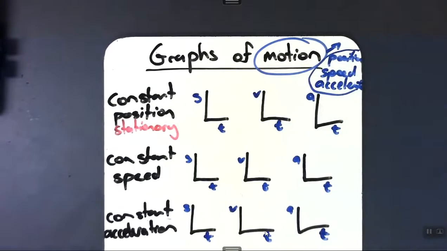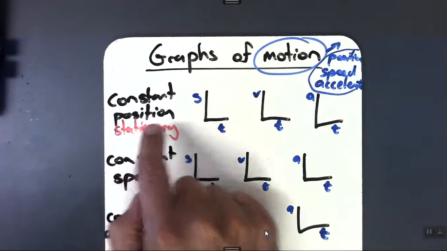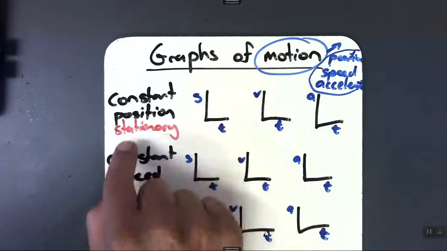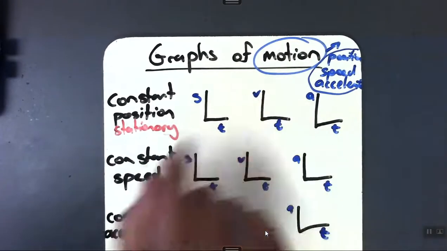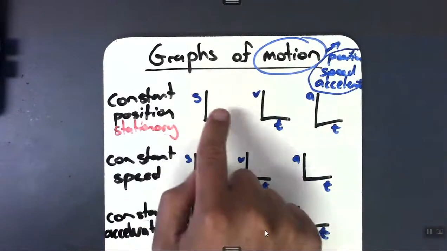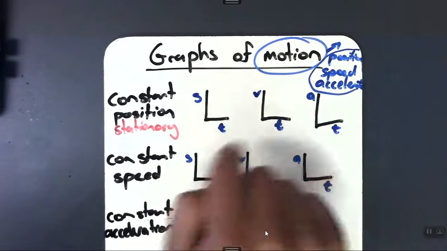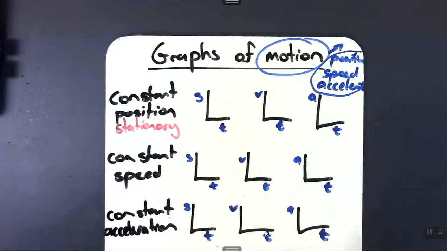So why are there three graphs? What we will see now is that when I'm standing still, if I specifically look at my position, I can draw a graph. But while standing still, I can also look at my velocity and my acceleration. So all three graphs focus on three aspects of the motion when I'm standing still.